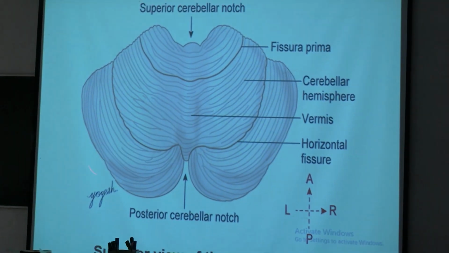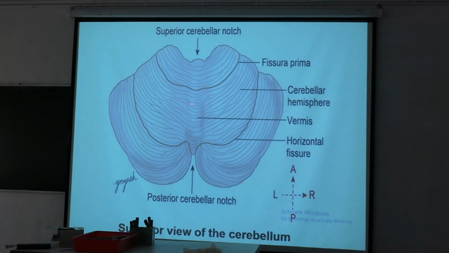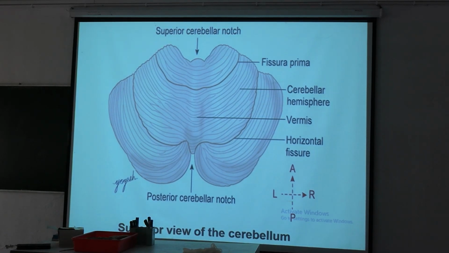See here, this is the superior view of the cerebellum. Anteriorly there is a V-shaped notch, posteriorly there is a deep posterior cerebellar notch. You can see the mid portion is the vermis, and on the two sides, two cerebellar hemispheres, and they are continuous. No clear separating point, just little depressions.